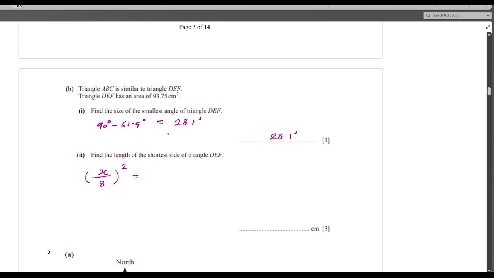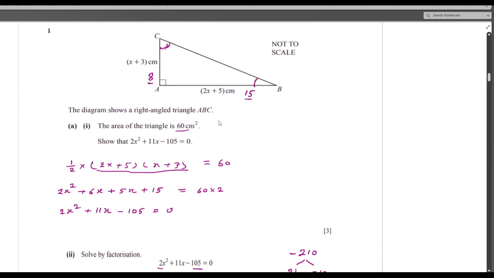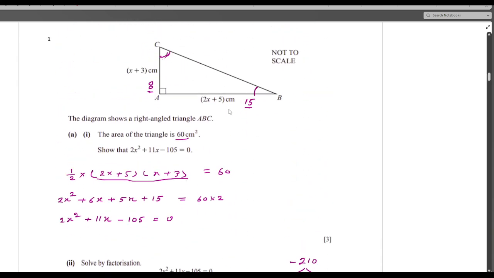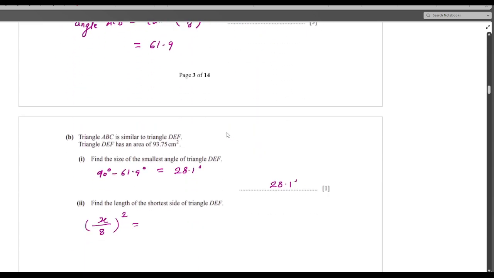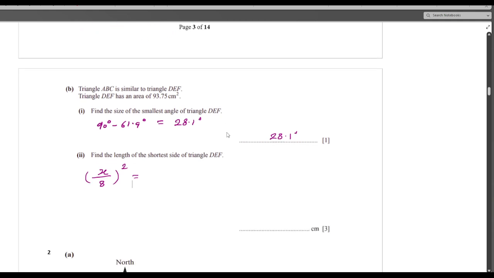Triangle ABC is smaller because its area is 60, and for DEF the area is 93.75. So this equals 93.75 divided by 60.